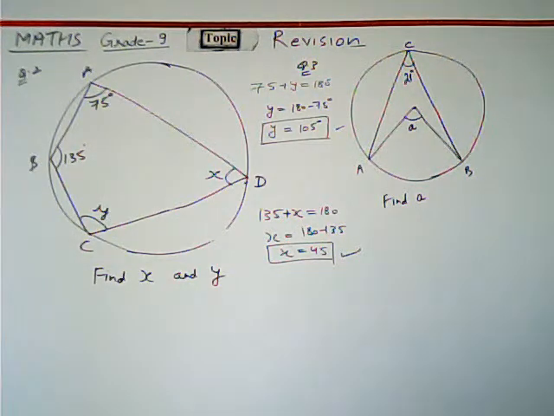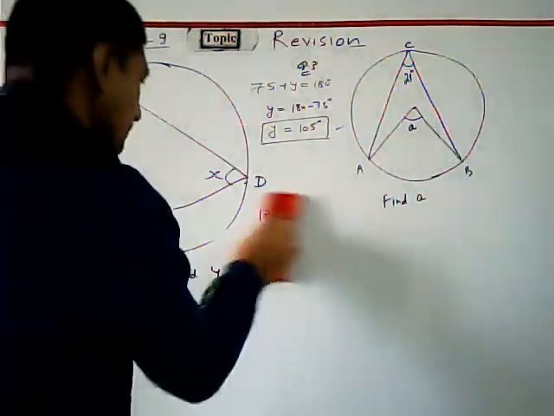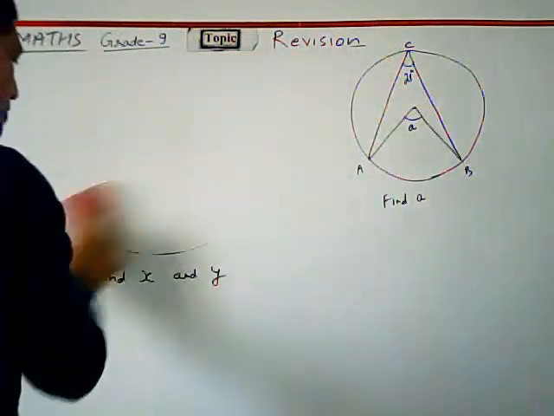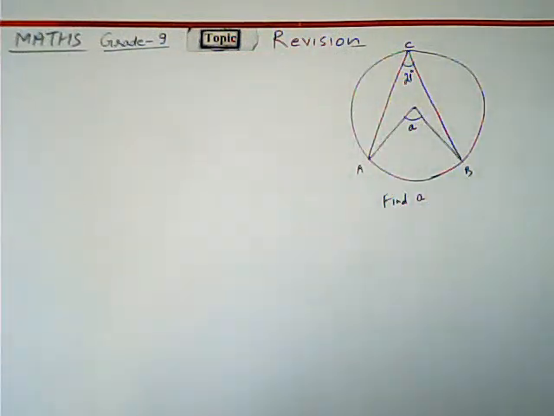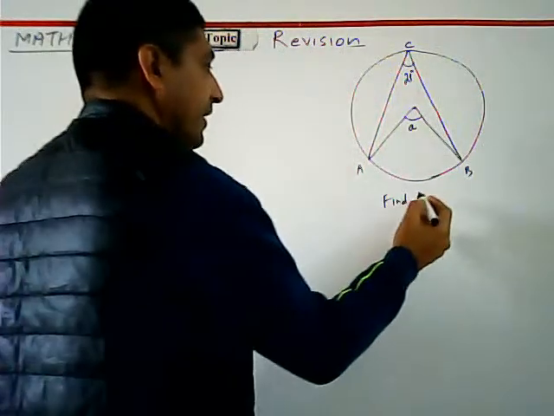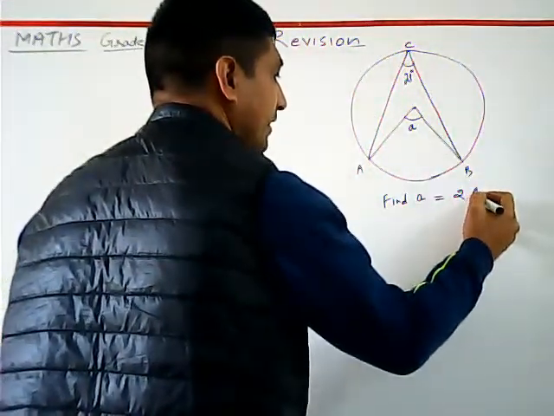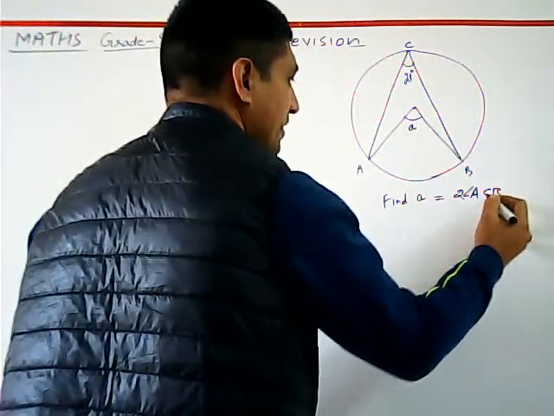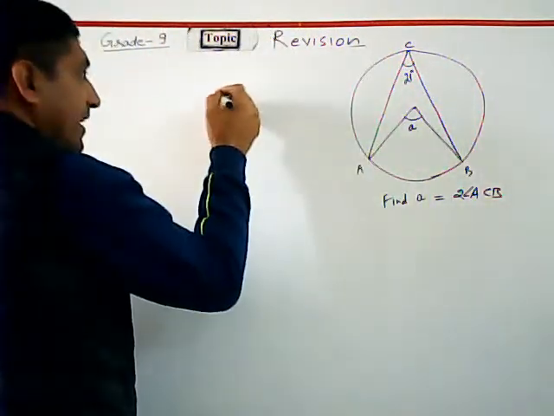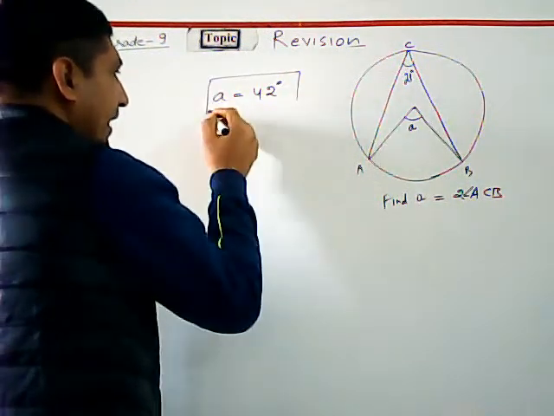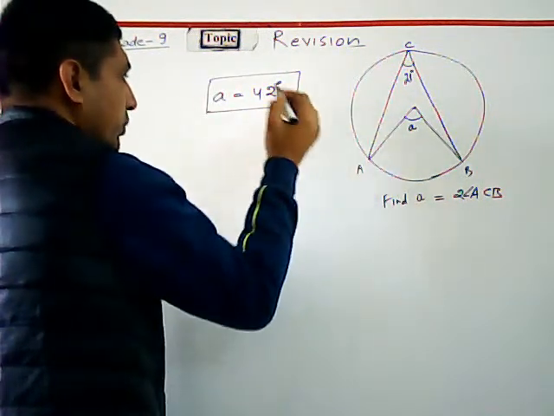This angle is always double the angle subtended, so angle A is twice angle ACB. So angle A is equal to 42 degrees.